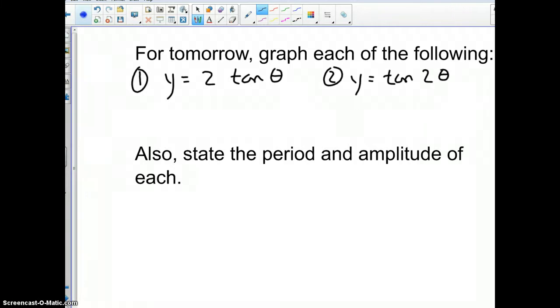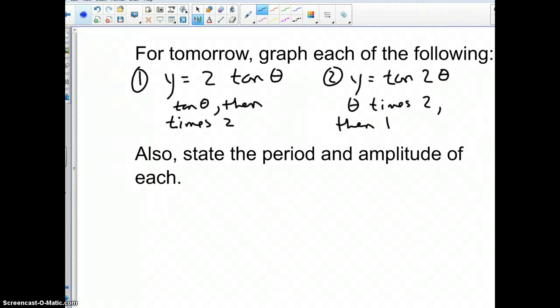Remember, this first one is you take the tangent of theta, then times 2. On the right, you take theta times 2, then tangent. So I'd like you to do that for tomorrow, and then from there, basically state the period and the amplitude of each one. So we'll talk about the shifts and things that happen with those.